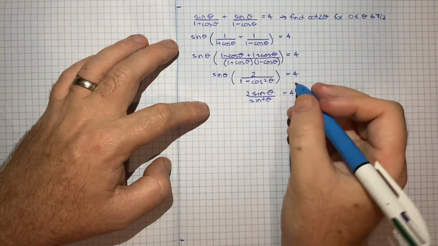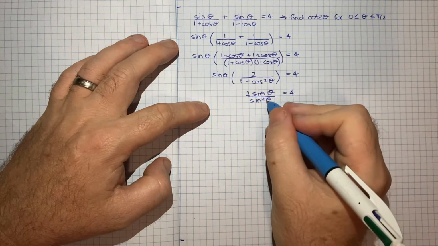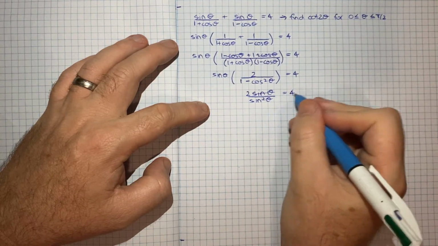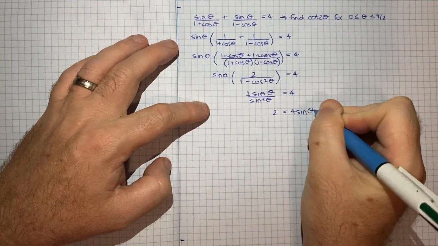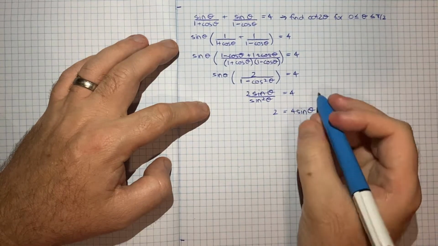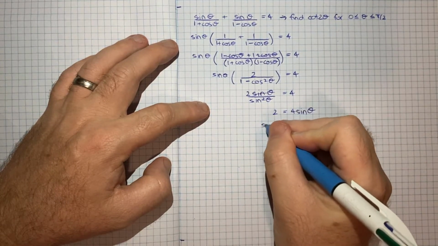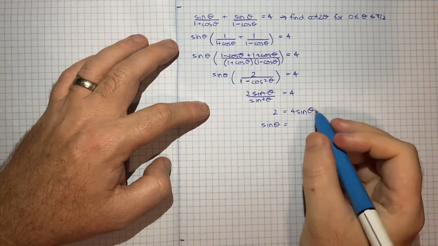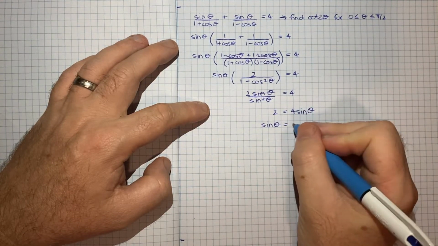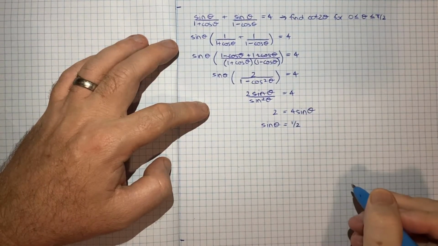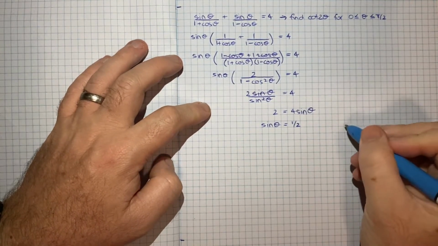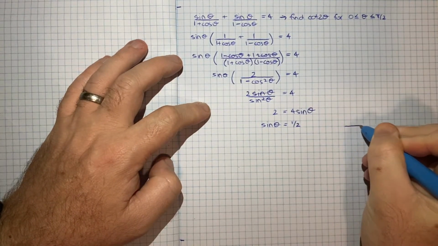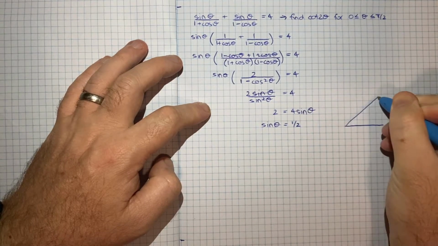And if I bring the sine theta that's remaining up, we'd get 2 is equal to 4 sine theta. And if I just reverse these and bring sine theta by itself, we get sine theta equals 2 on 4, or a half.